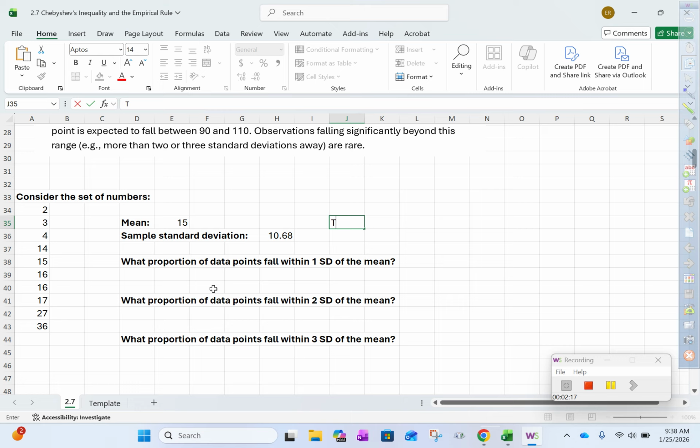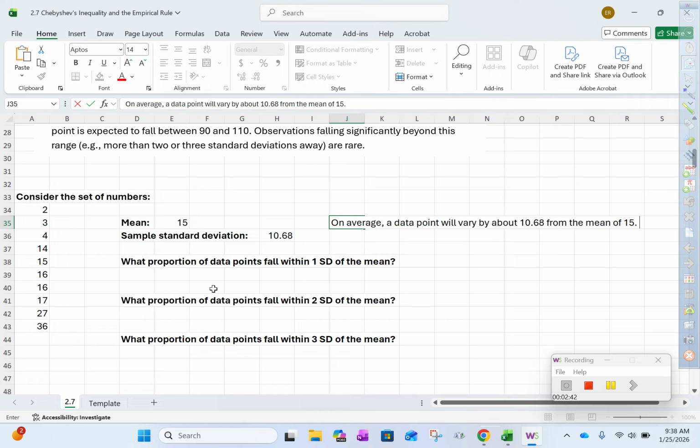So typically, or on average, a data point will vary by about 10.68, whatever our context is, from the mean of whatever context, ours is 15, in general.